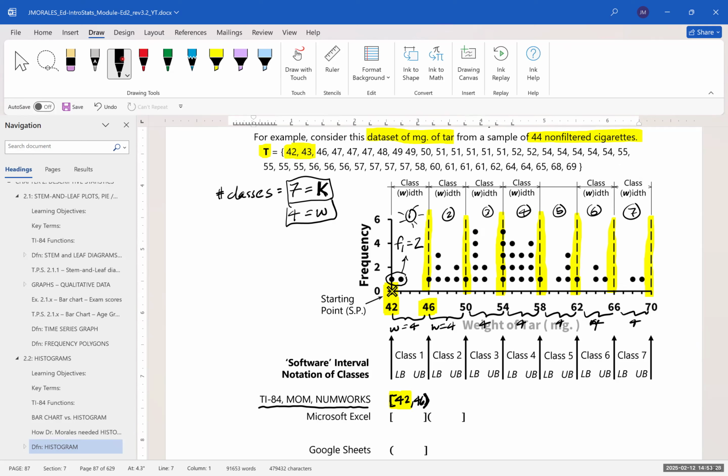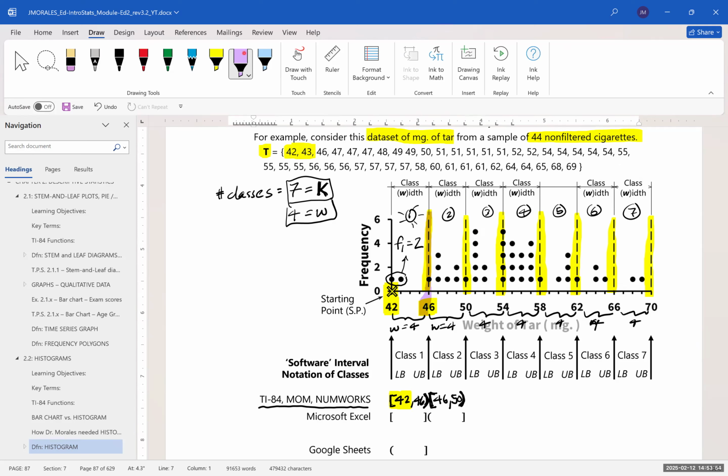All right, let's define class number 2. So it's going to be left bracket, right parentheses. And now it's going to go from 46, and then we're going to add 4 to that, to 50. So remember what I said earlier, that 2 classes share a boundary.